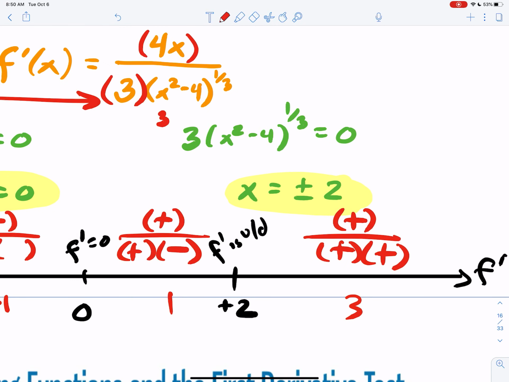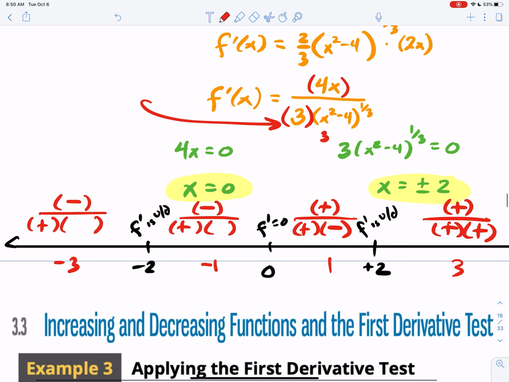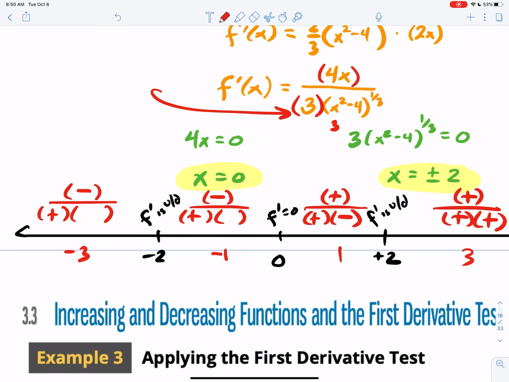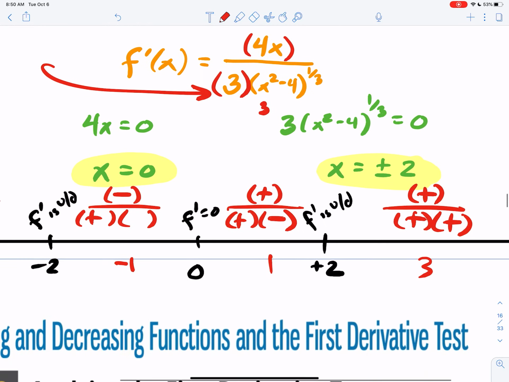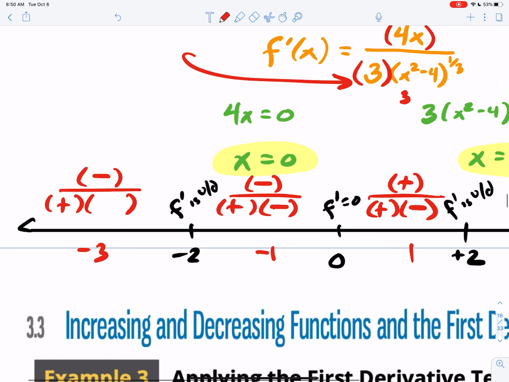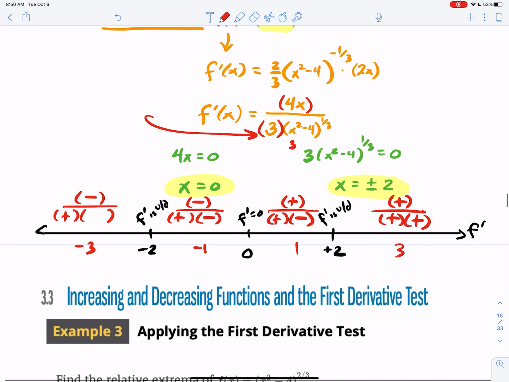It's different from a square root, you guys. Okay, if you plug in negative 1 squared, you still get a positive 1. Minus the 4 is a negative 3. Cube root it is something negative. And if you plug in the negative 3, same thing, you get positive 9 minus the 4 is a positive 5. Cube root it, you get something positive.